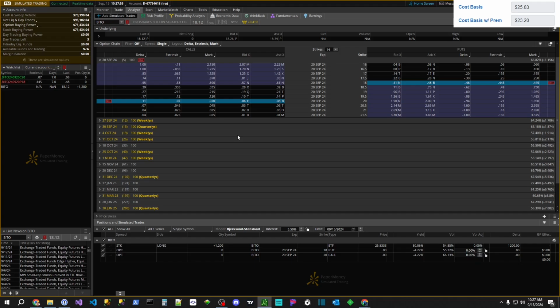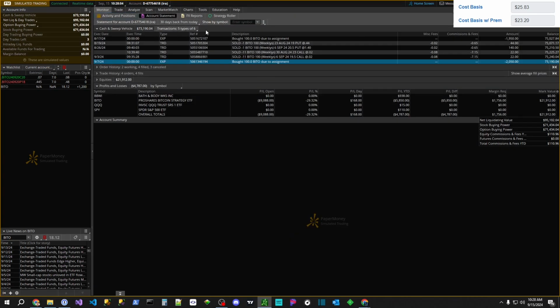Last thing, we need to just double check the overall account statement. Okay, a monitor tab, the account statement. So our balance is sitting at $73,190.04, and that's also what this cash sweep vehicle total is.